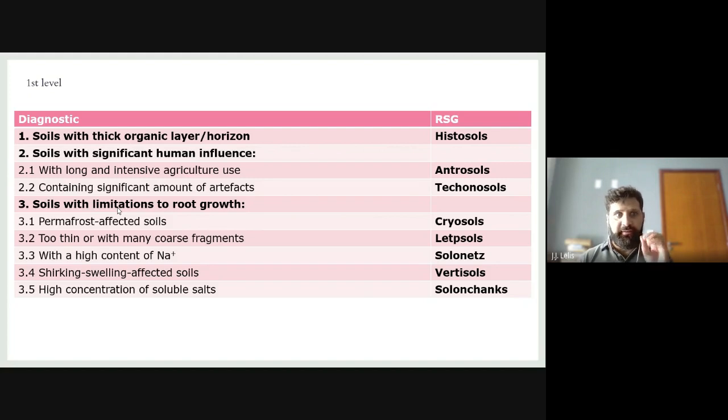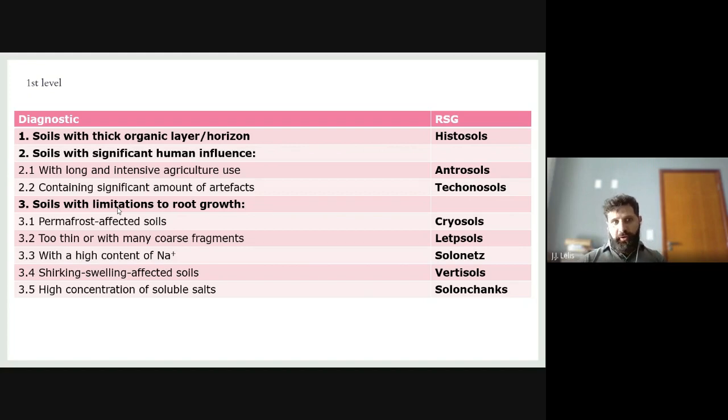These anthrosols are related to soils that were used in the past by human communities. Okay, they do not present a thick organic layer, but they are related to intensive agriculture used by ancient human communities. Okay?